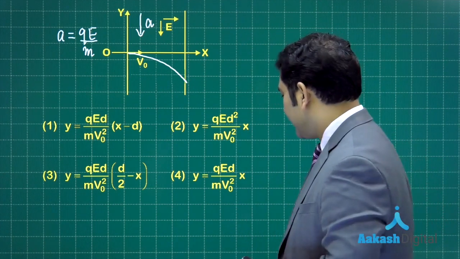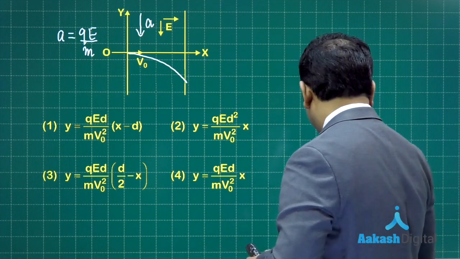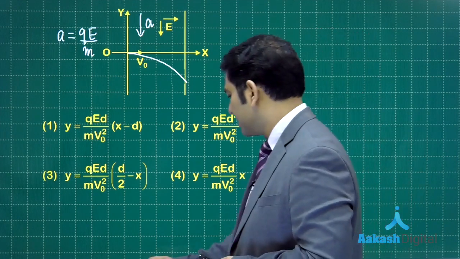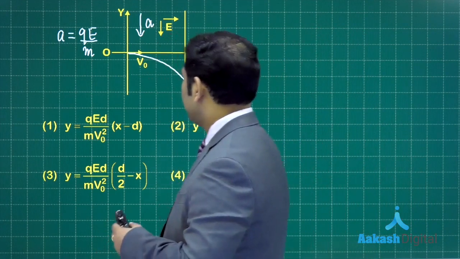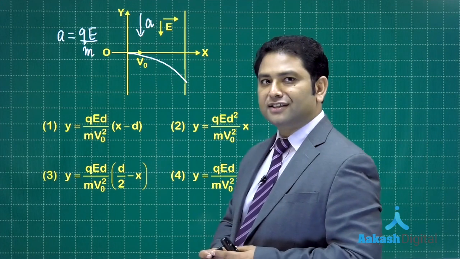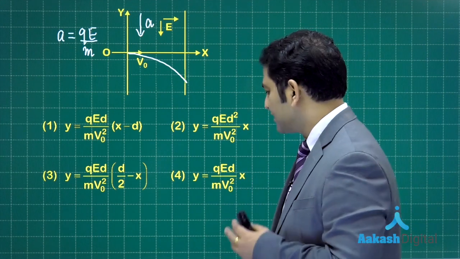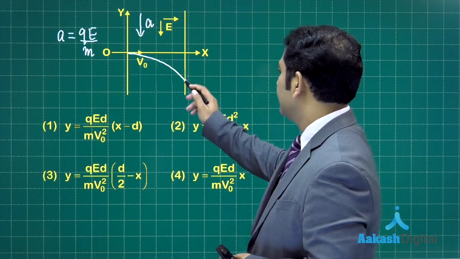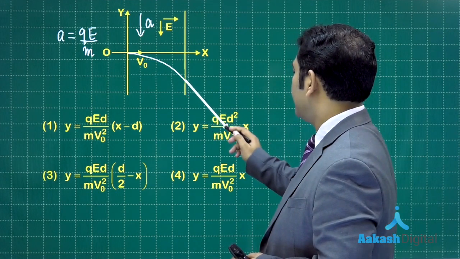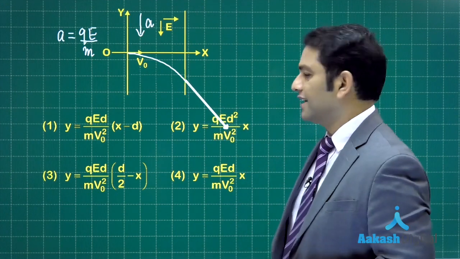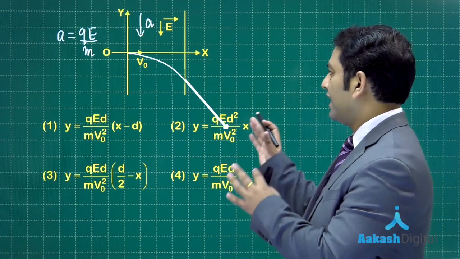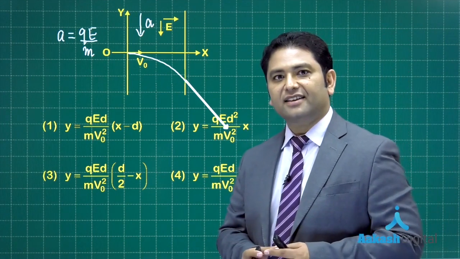And the big question is thereafter what? Thereafter, since there is no acceleration which will change or deflect the velocity, the path has to be a straight line. So starting from here, the path is going to be a straight line. So we need to find the equation of this straight line.